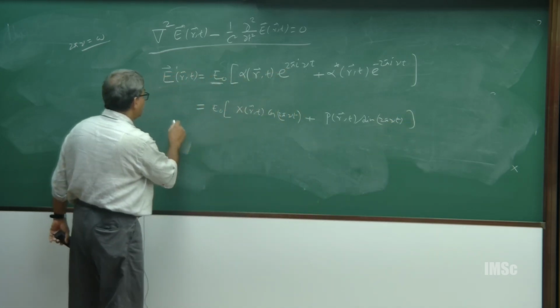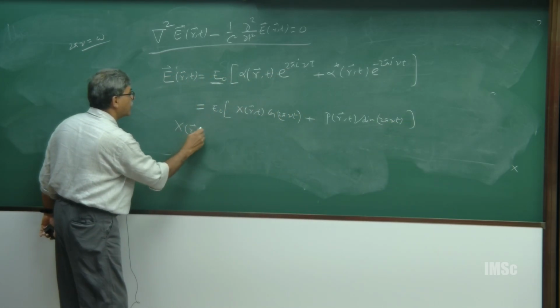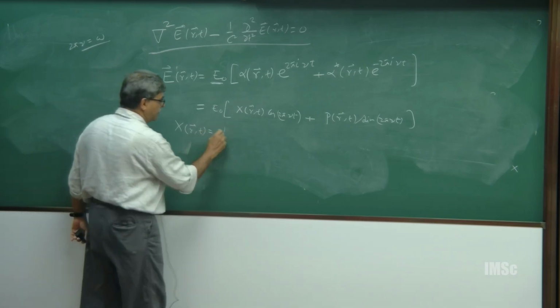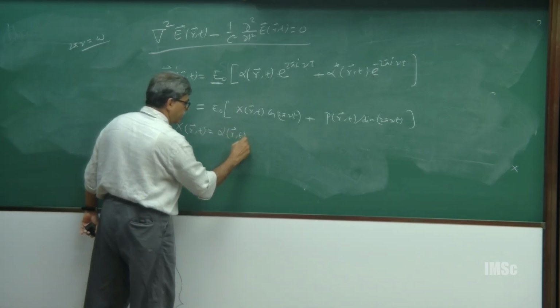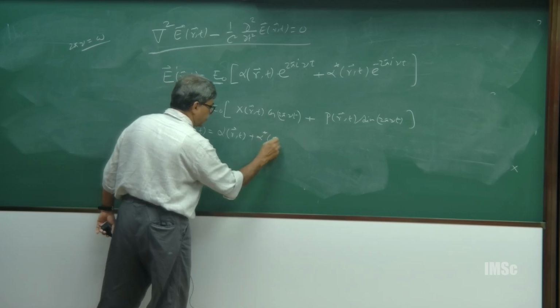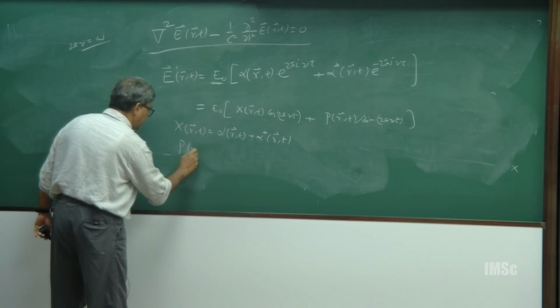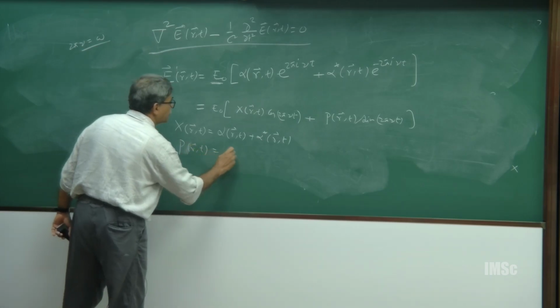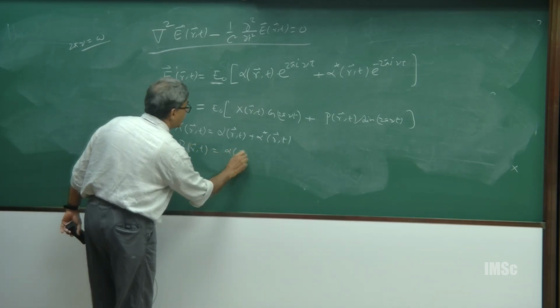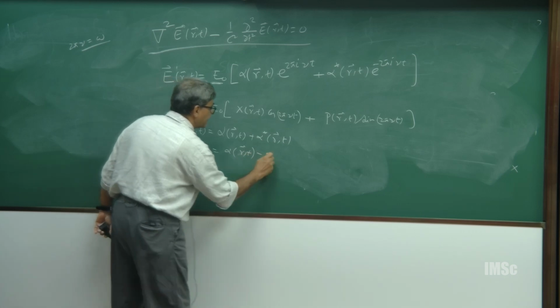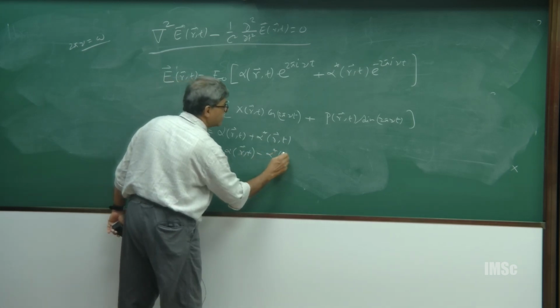You can think of x as alpha of r, t plus alpha star of r, t, so the real part of alpha, and p of r, t is equal to alpha of r, t minus alpha star of r, t. Is that correct?